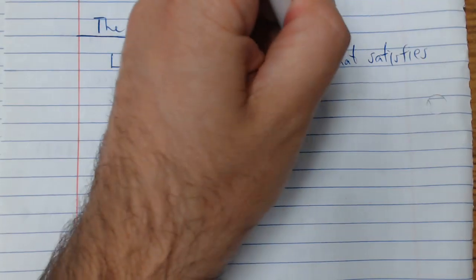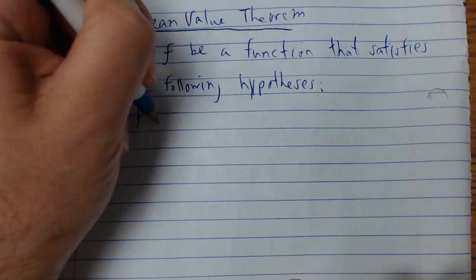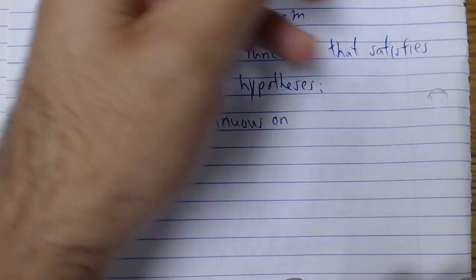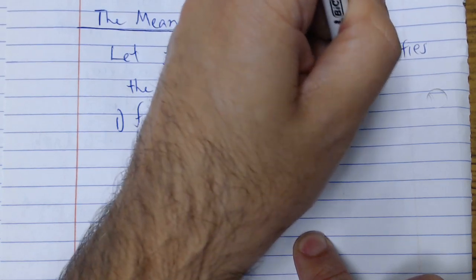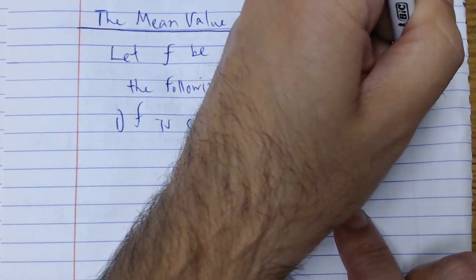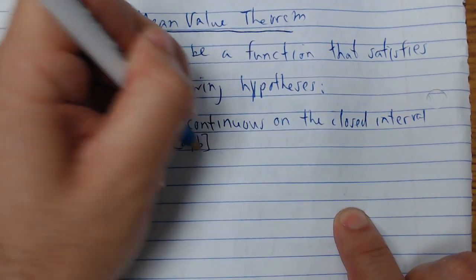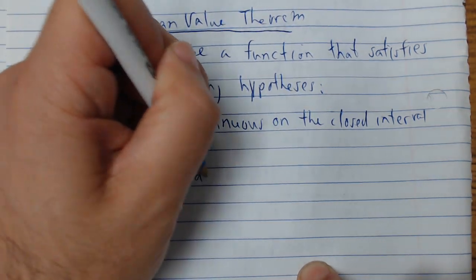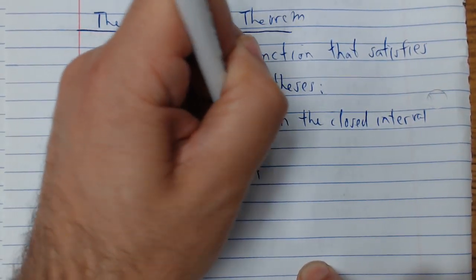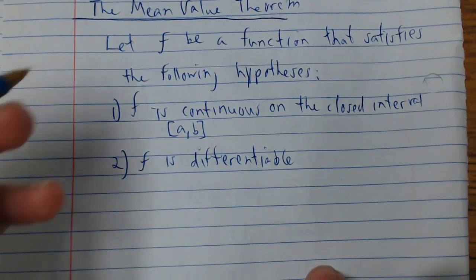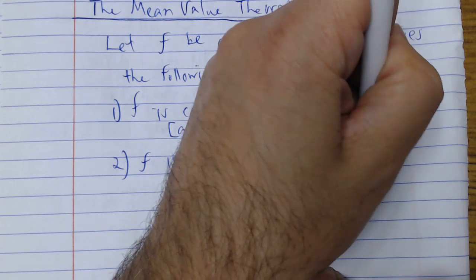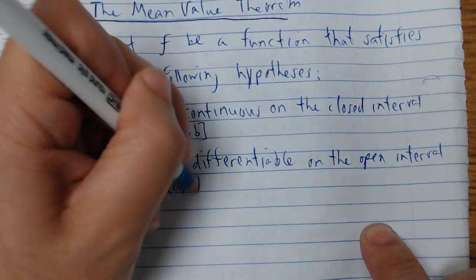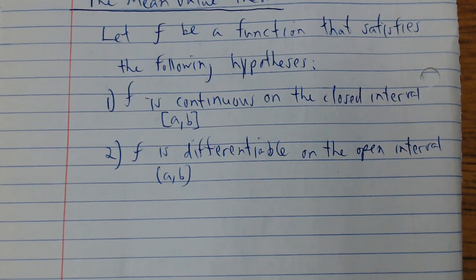Okay, so the first condition is f is continuous on the closed interval from A to B. The second condition is f is differentiable on the open interval from A to B. And so notice how there's a lot of similarities with Rolle's theorem.